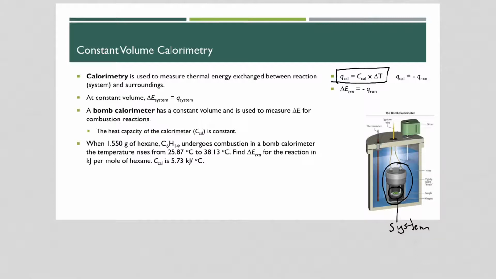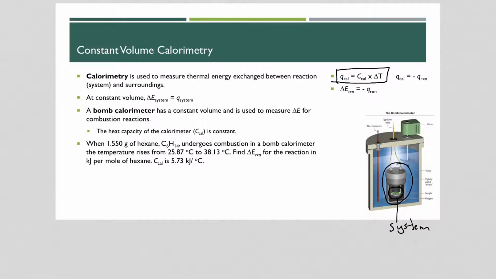Here, we're simply looking at the calorimeter. The calorimeter is a piece of equipment. It has a constant mass, so we don't need to worry about that. We just need to measure a heat capacity of this piece of equipment, and we can use that every time we use this calorimeter.